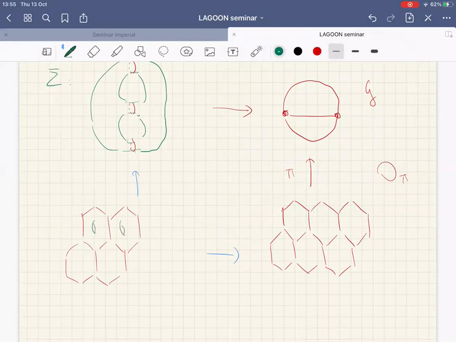So, given by a fattening of this planar tessellation. Just the graph tessellation of the plane gives the tropicalization of this infinite genus Riemann surface.